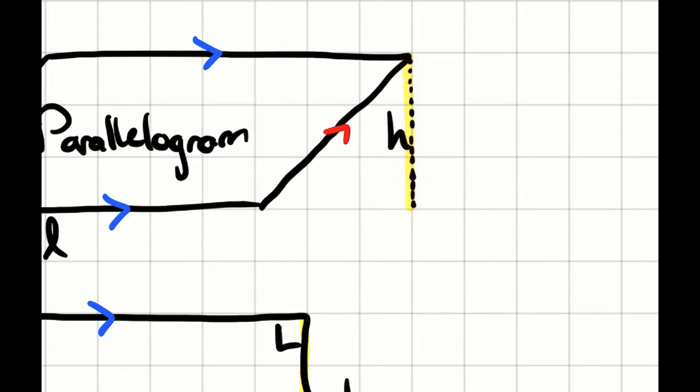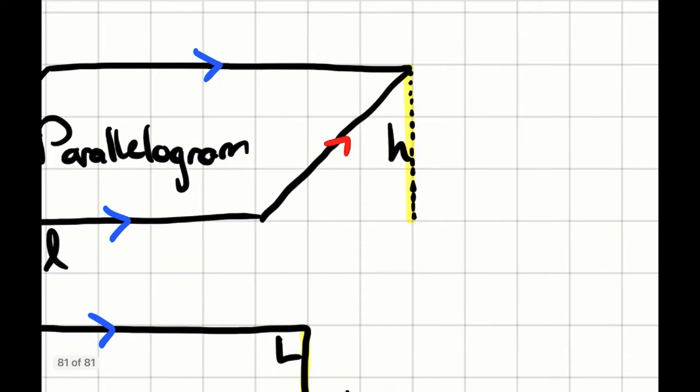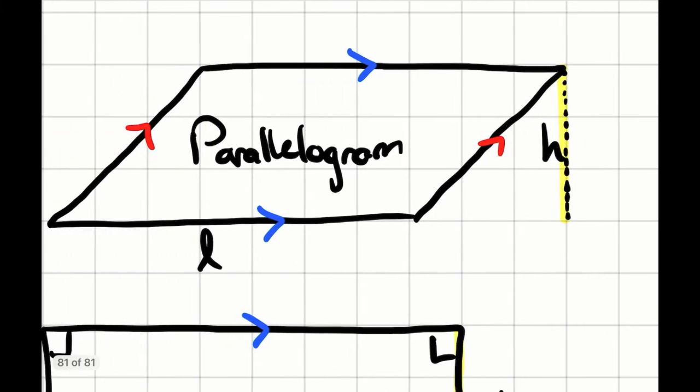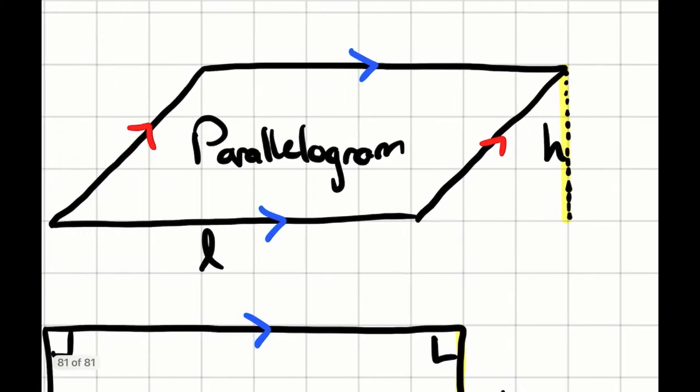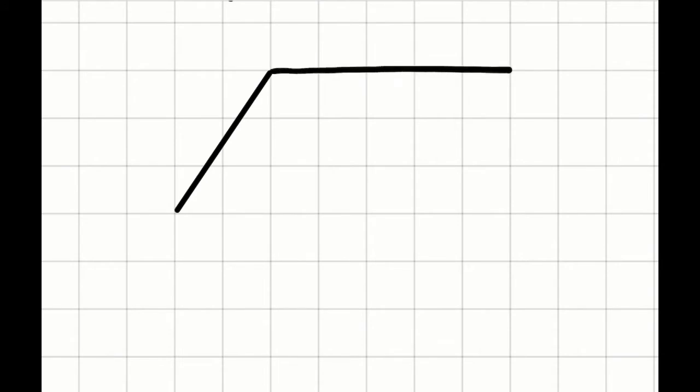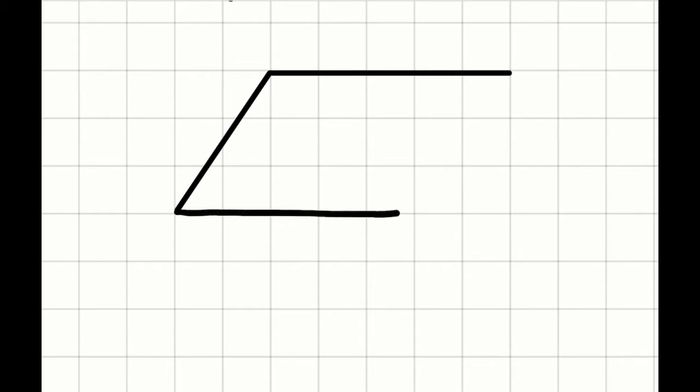So, what we need to do is look at the formula for the area, and look at why the formula works. So, let's start with a generic parallelogram, and I'm going to go ahead and draw one here. Okay, like so.